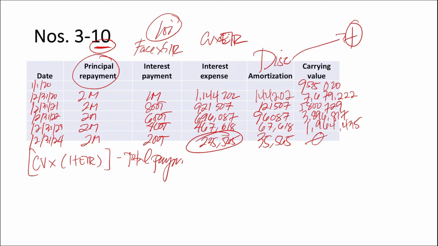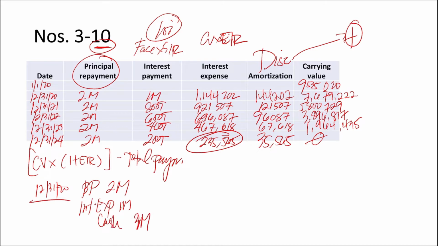Sige, okay na, no? Oh. Entry, sir. Ano yung entry natin sa ganito? Okay. Isang period lang. December 31, 2020. Ano entry natin? First, record the payment. No? Debit tayo ng funds payable, which is equal to the principal repayment. Debit interest expense, equal to the interest payment, 1 million. Credit cash, which is 3 million.